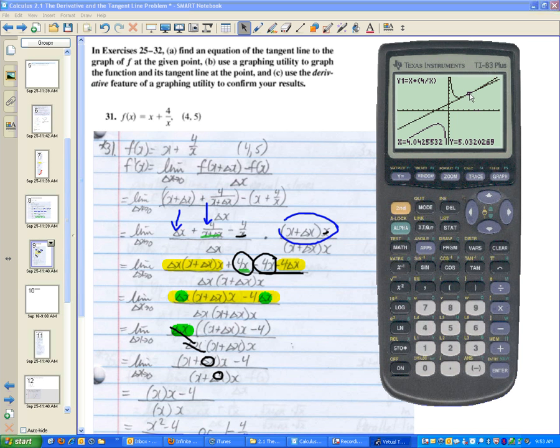So you can see that I'm really close to having (4, 5) on there. Then if I switch to the line, it's really close to (4, 5). So I'm bad at setting the windows to get exactly what I want. But you can see that if I knew how to set the windows, I could go back and forth and get the point (4, 5) is on the line, and it's on the graph, and it's where they intersect. Okay?